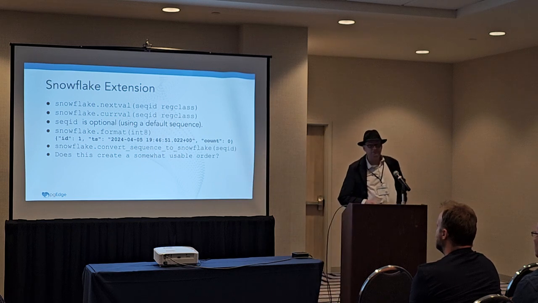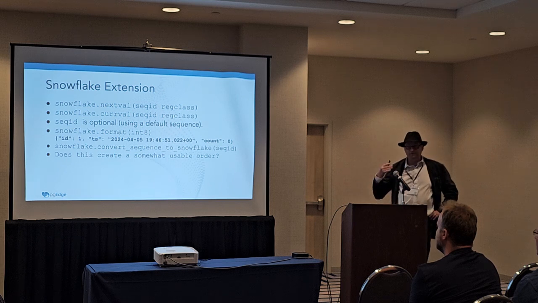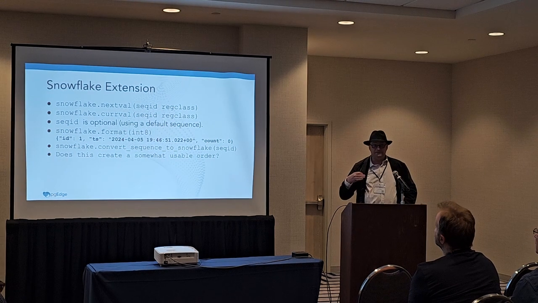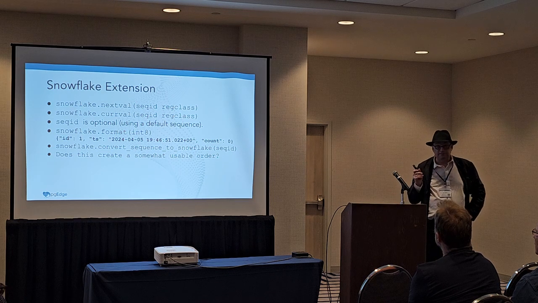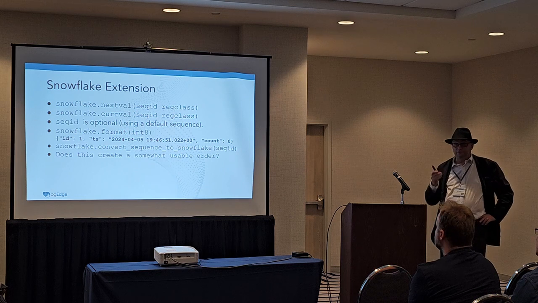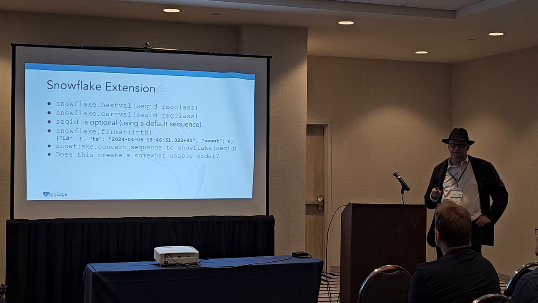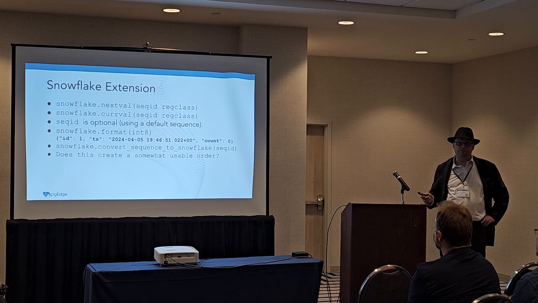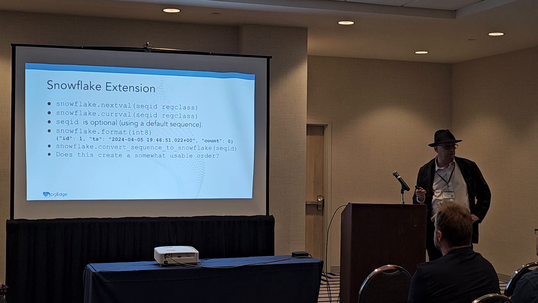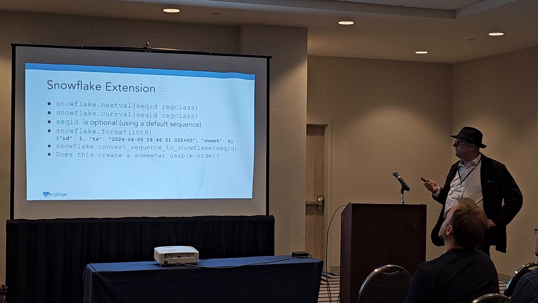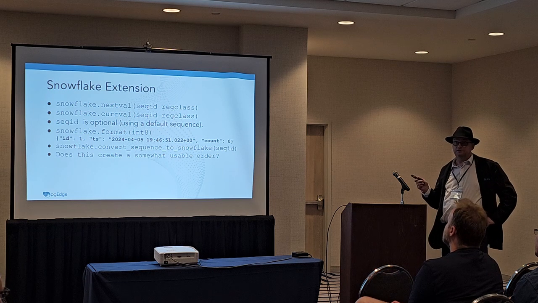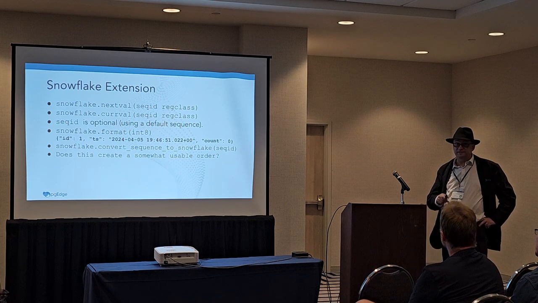Convert sequence to Snowflake. If you have an existing database schema that uses serial or bigserial columns, you can use this function to make sure that the sequence is locked down in a way that using the normal Postgres nextval function will not work, so don't mix them. That will look in the system catalog: are there any tables that use this sequence in the default expression?